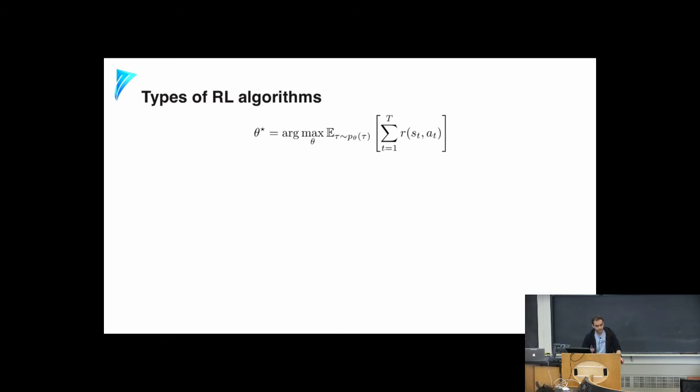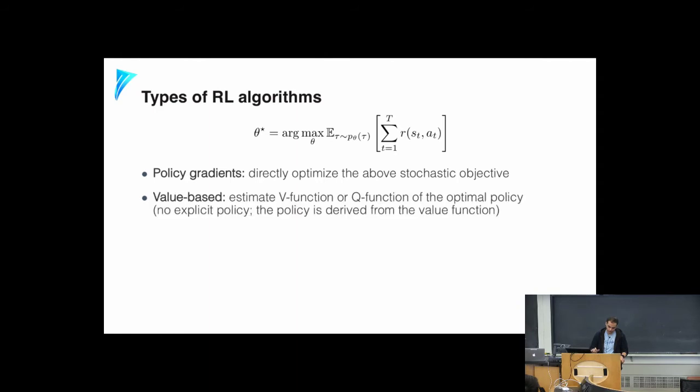But let's step back a little bit and think about how we can optimize this stochastic objective in general. One way that I just described is policy gradients, where you directly optimize the objective with respect to policy parameters. The other way would be to estimate the value functions, maybe the V function and the Q function of the optimal policy, and not actually represent the policy explicitly.